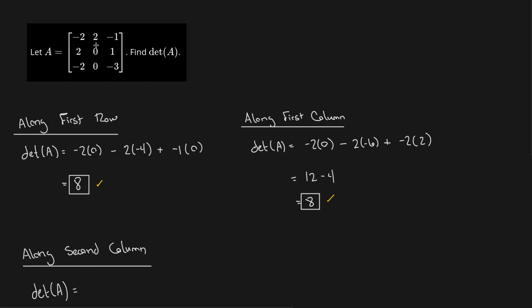Okay, so if I go along the second column, I get 2 times 2 times negative 3, that's negative 6, minus 2. So negative 6 minus negative 2 is going to be negative 4. So I have 2 times negative 4.